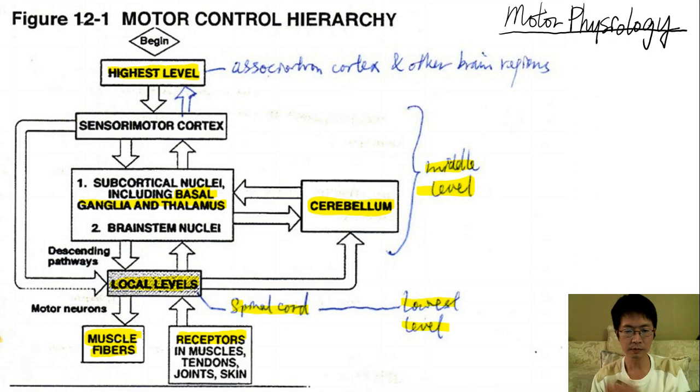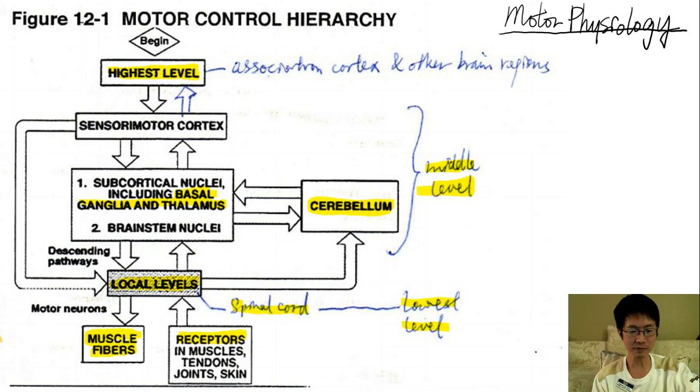I may ask you a question like, if it is a multiple choice, which of the following belongs to the highest level, or which belongs to the middle level, or which belongs to the lowest level. There are three kinds of questions I can ask you based on this picture. So I hope you know which structure belongs to which level for motor control.